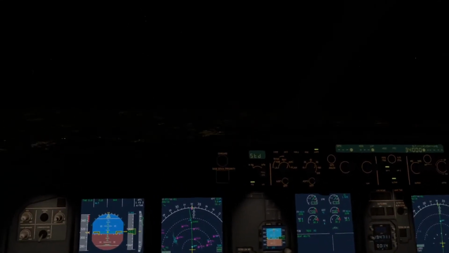I can see the horizon and the weather's pretty clear to me. You can kind of see a bit of the wing tip here.